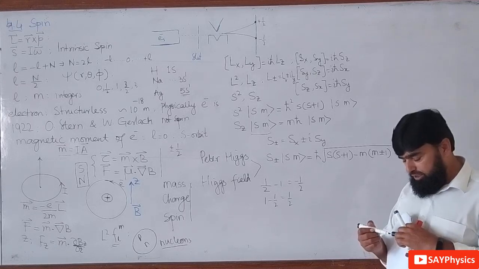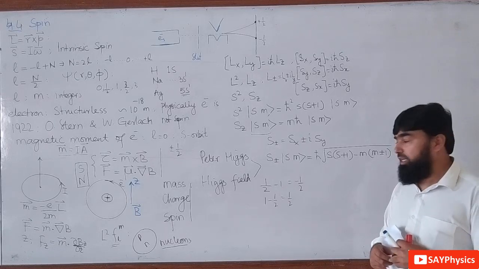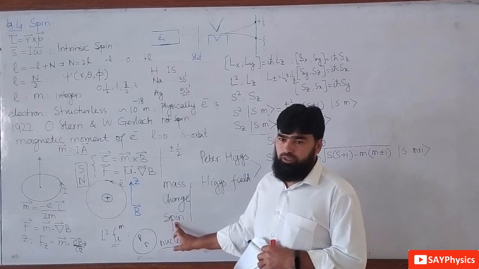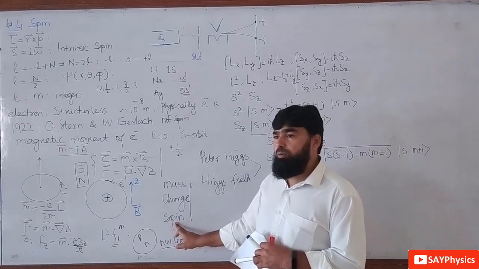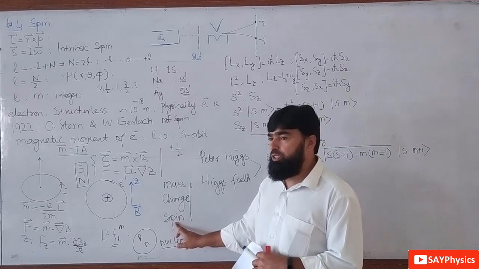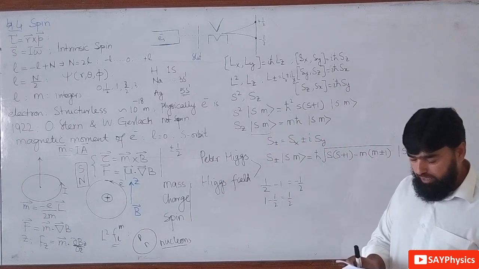It is not something which can be explained very clearly because it is an intrinsic property. So the nature of it we cannot determine, but it is a property that the elementary particles are having.